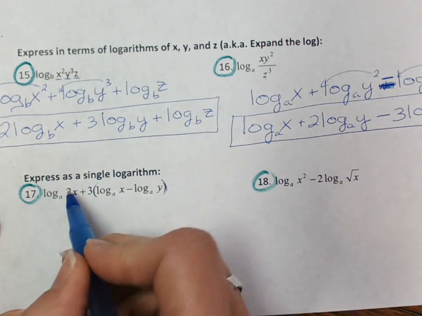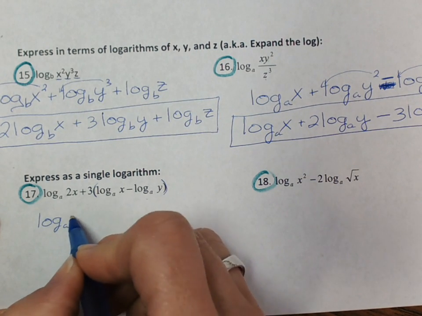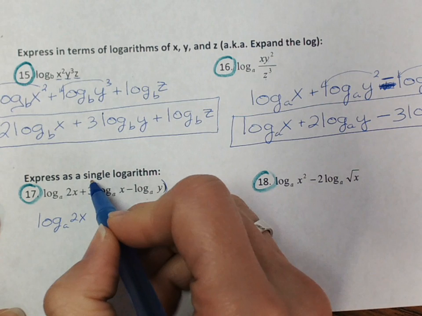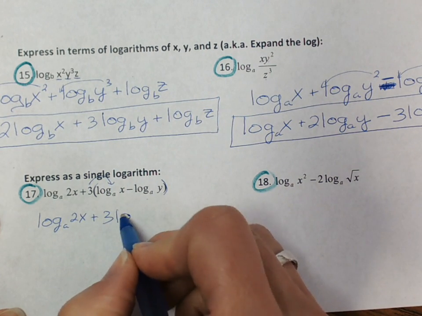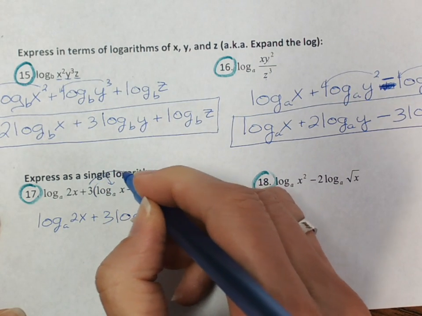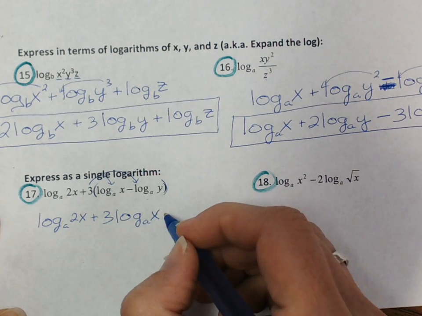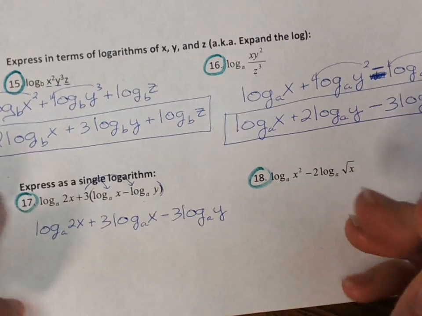So my log base a of 2x comes down, and then I'm going to distribute that 3. So I have plus 3 log base a of x, and then I distribute the 3 to the other one, so I have minus 3 log base a of y.